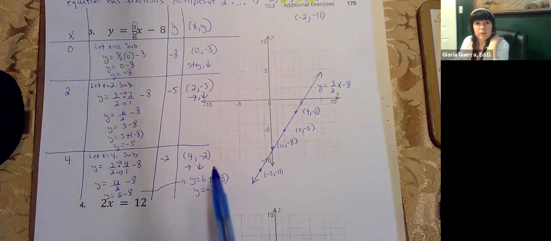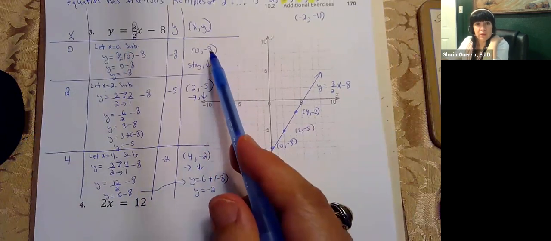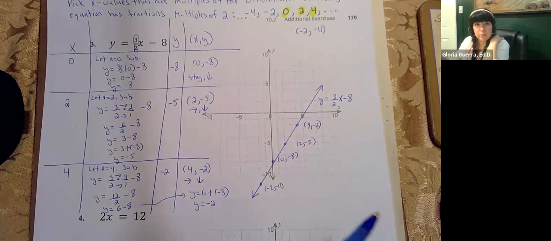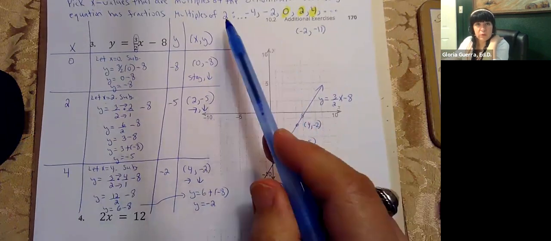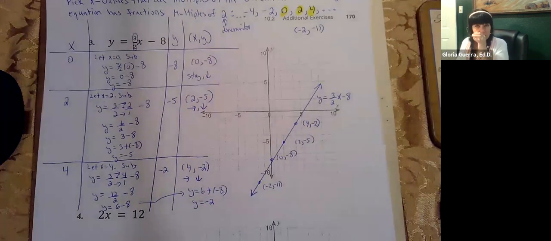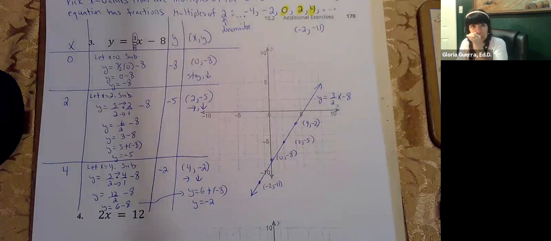See how we ended up with nice integers, -8, -5, -2, nice integers, because we rigged it by using multiples of 2, which is multiples of our denominator, right? And it makes the algebra a lot easier.